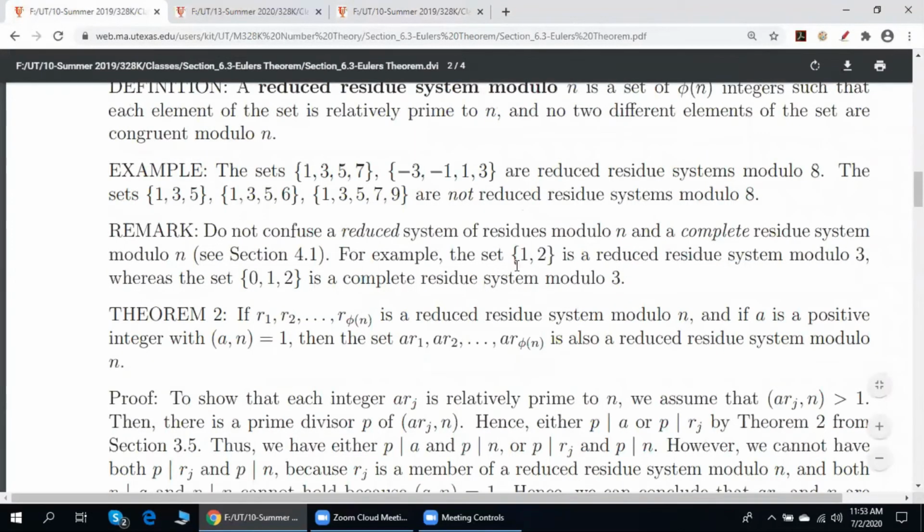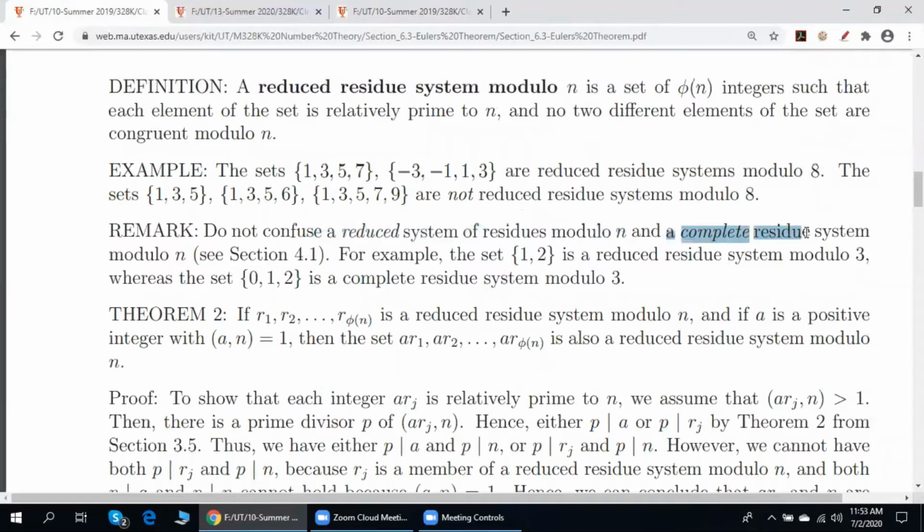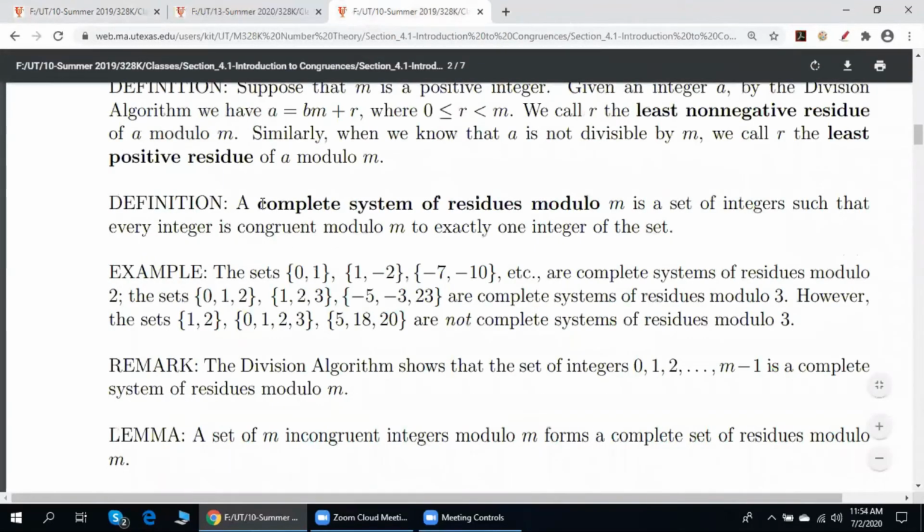Do not confuse a reduced system of residues modulo n and a complete residue system modulo n. A complete system of residues modulo m is a set of integers such that every integer is congruent modulo m to exactly one integer of the set.